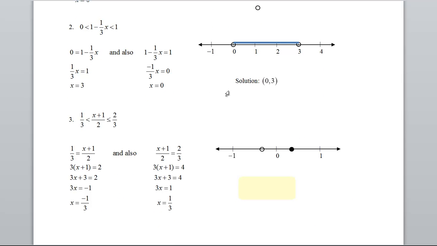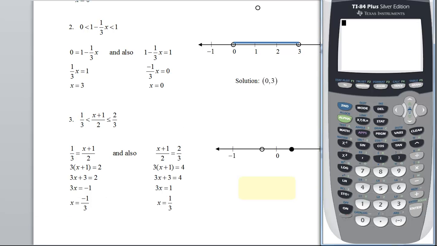So now I've got, like I had before, 3 sections. I need to check this section here. So let me get my calculator. I'll put in negative 1. Again, x is in the middle, so let's see what happens. Parentheses, x plus 1, divide by 2.